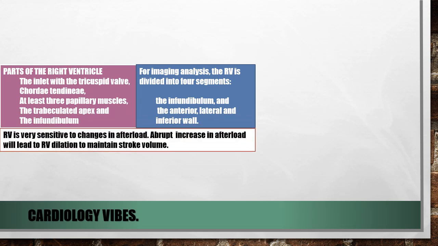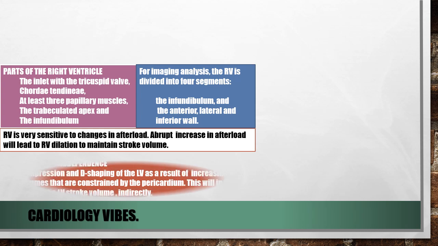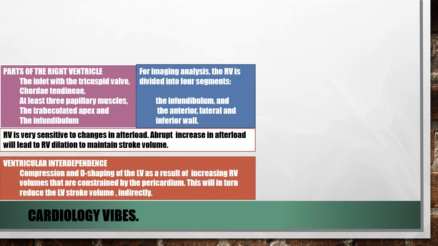The right ventricle is very sensitive to changes in afterload. When there is an abrupt increase in afterload, there will be right ventricular dilatation to maintain stroke volume, for example, in patients with acute pulmonary embolism.